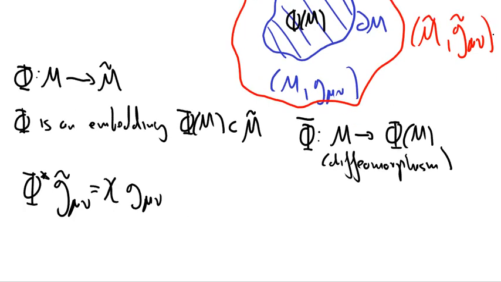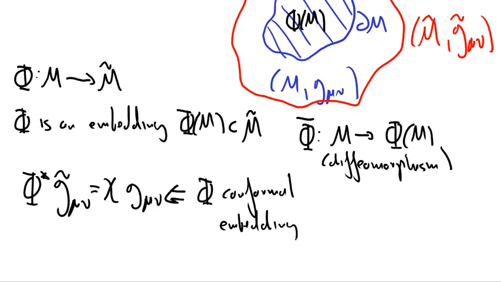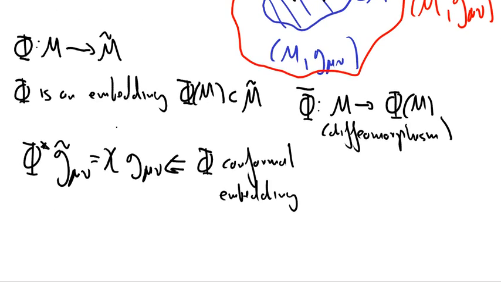Okay, so this means that, and since we are assuming that our map phi is a smooth map, then this function chi is also smooth.